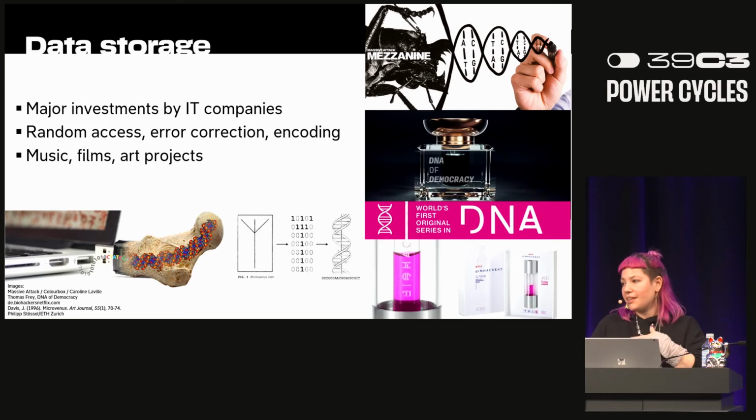However, despite this, I think most projects that we see implemented today are more in the arts or PR sphere. Actually, the very first information stored in DNA was by an artist called Joe Davis. You can see it down here. So this Strichmännchen was encoded in DNA.